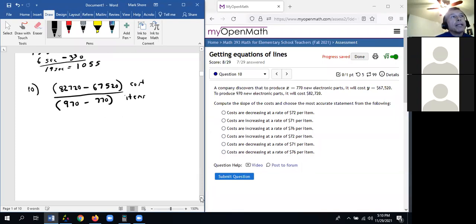And the reason why we're doing it in that order is because you get cost per item when you do this. So that's just a mess to do that subtraction there. I know we have 200 on the bottom. On the top, I'd like to be able to do that in my head. I think that's 15,200 maybe.